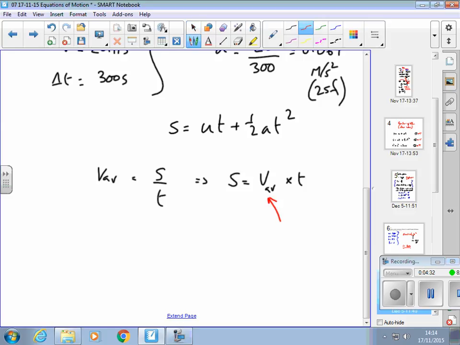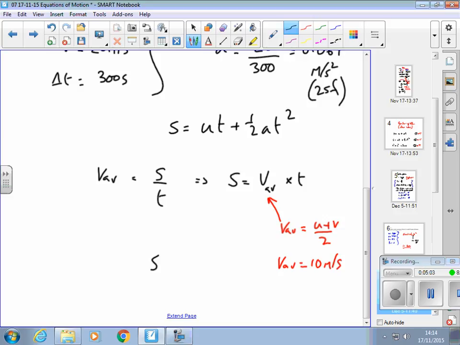Is there a formula that allows us to find the average velocity? Yes, v average is u plus v over 2. So u is 0, v is 20, so average velocity is 10 meters per second. Times that by time, which is 300 seconds, so s is 3,000 meters.